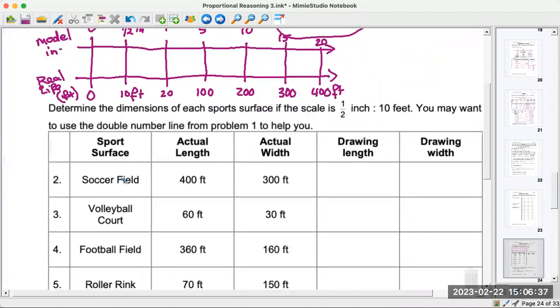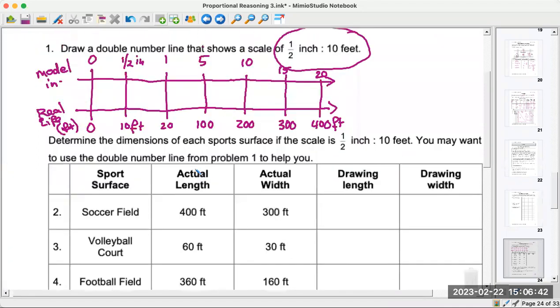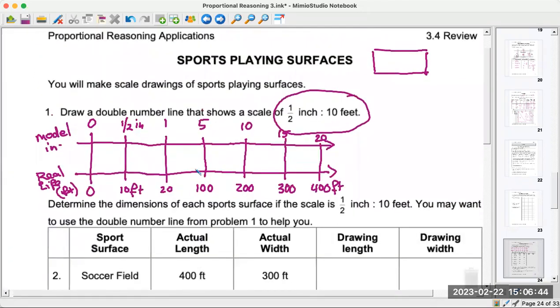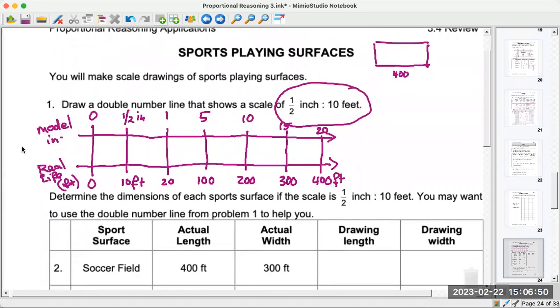Now, your job is to figure out if a soccer field's actual length is 400 feet. Actually, they do it the opposite. In these lessons, they actually do the length vertically. Anyways, that thing won't work then.